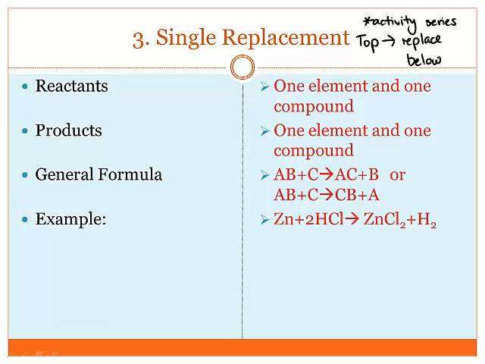The zinc being higher in the activity series is able to replace the hydrogen. The reverse of that reaction wouldn't be possible because the hydrogen could not replace the zinc in zinc chloride because the hydrogen is lower than the zinc.